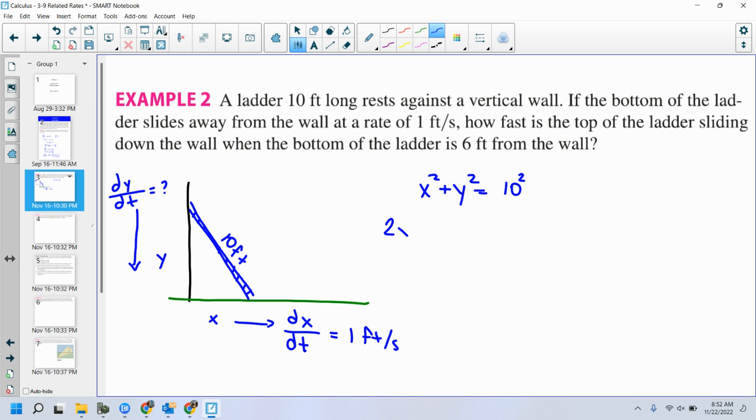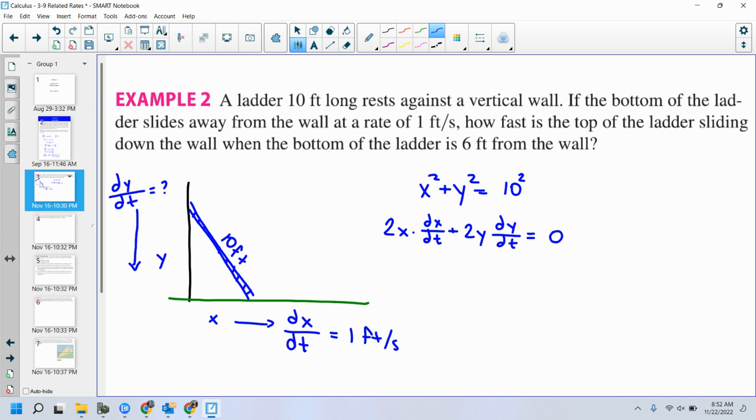So that would be 2x dx dt plus 2y dy dt is equal to, now I would say 100, but I found the derivative. So what goes on the other side? Taking the derivative, 0. Because 10 squared would be 100, and finding the derivative of 100 would just be 0.